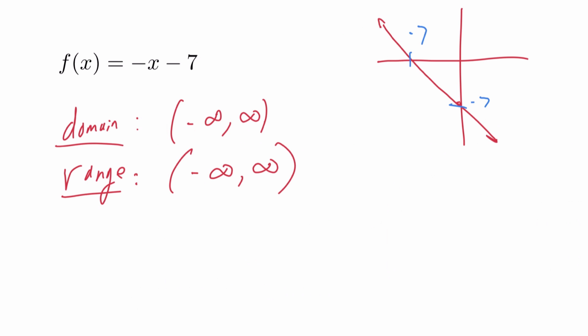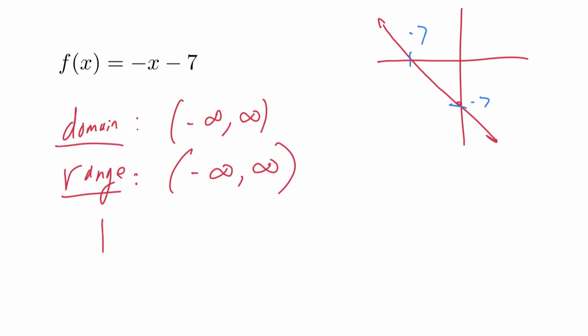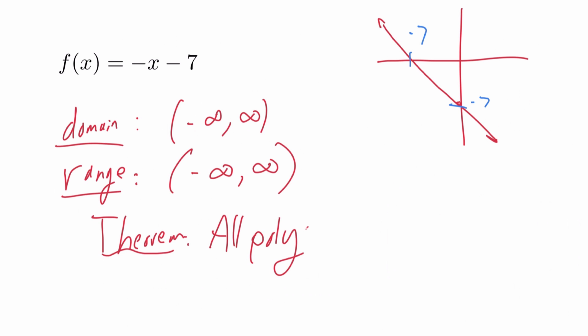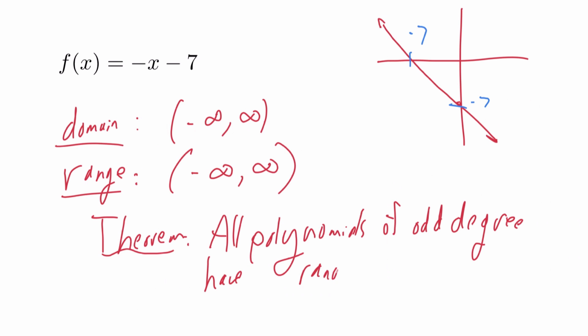And I'd like to use this as an opportunity to state a general principle. So maybe we would call this a theorem. It's not obvious. All polynomials of odd degree have range minus infinity to infinity. Right, and so this is degree 1, which of course is odd.